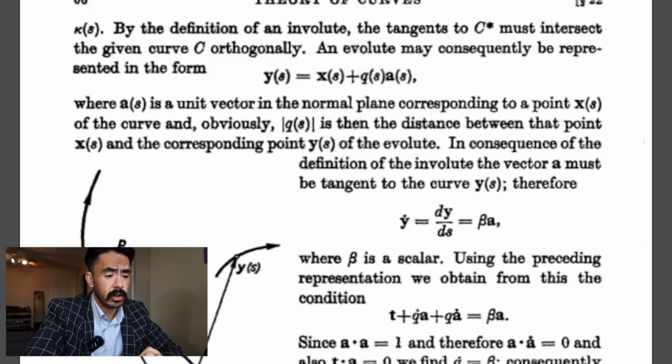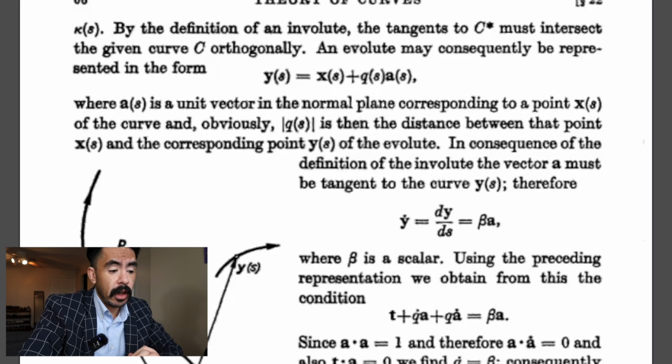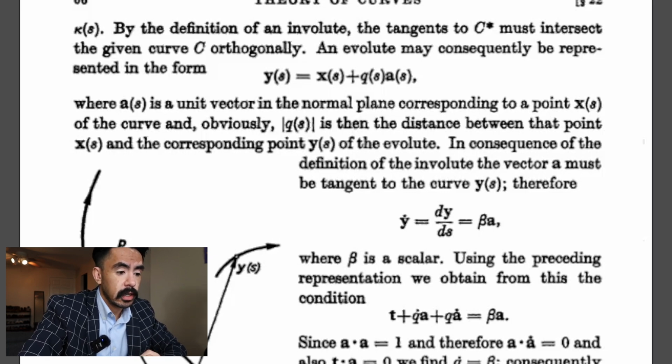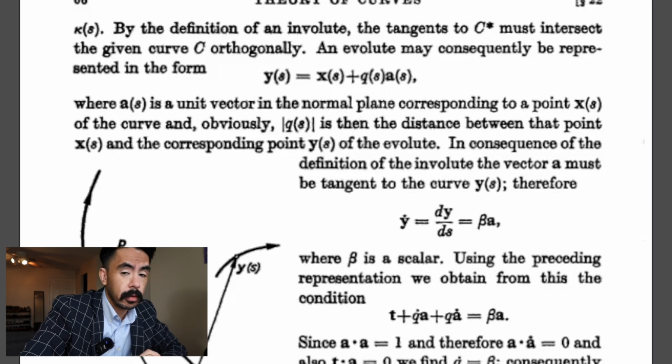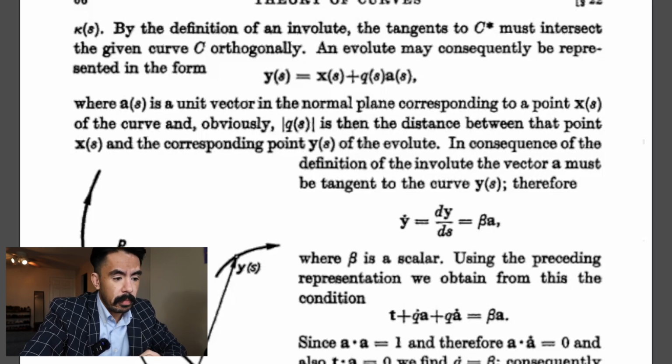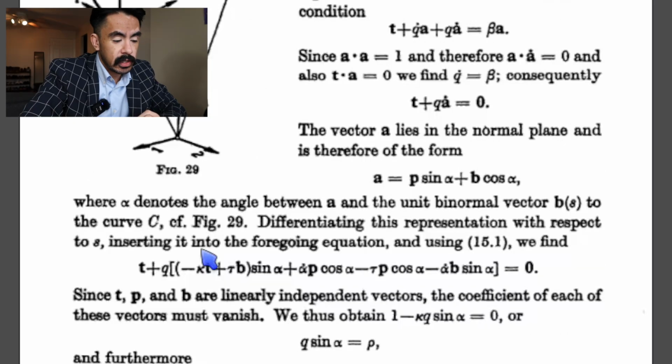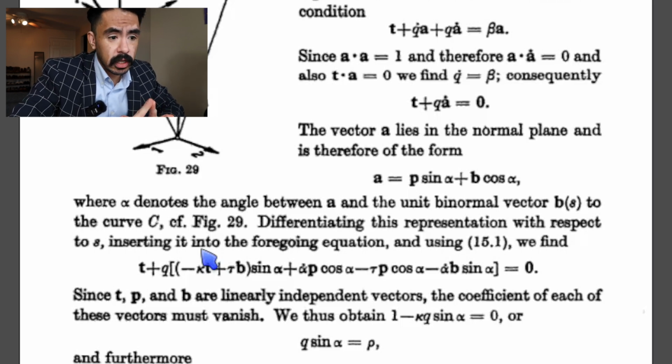Using the preceding representation, we obtain from this the condition the vector t plus q dot times the vector A plus q times A dot equals beta times A. Since the scalar product of the vector A with itself, or A dot A, is equal to 1, and therefore A scalar product with its derivative with respect to arc length, so A scalar product with A dot equals 0, and also t scalar product with A, or t dot A, is equal to 0, we thus find that q dot equals beta.